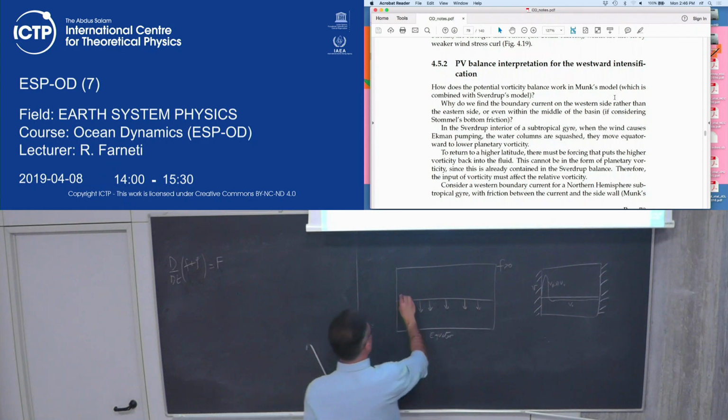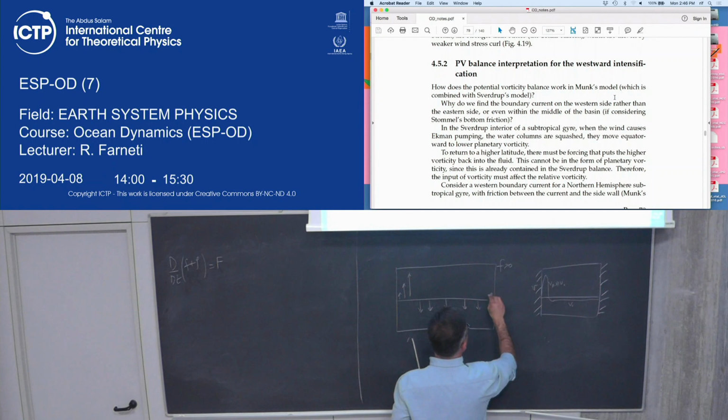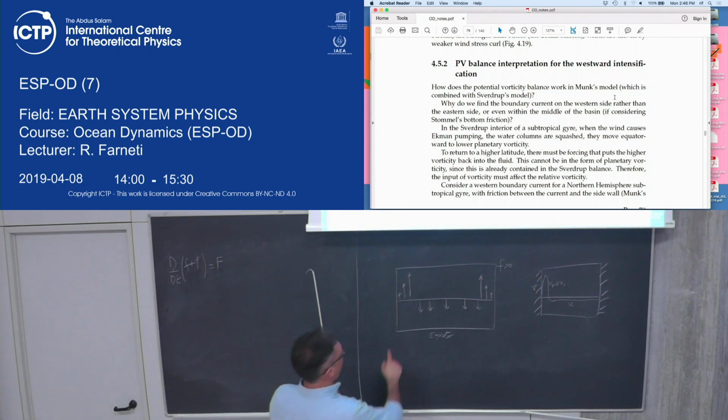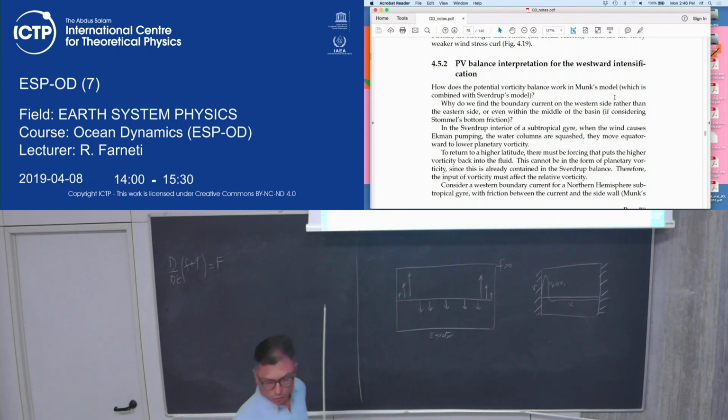Somewhere there will be a return flow, which could be on either side. Let's imagine we didn't derive the solution yet. It could be on either side. And there, when there is the returning part of the circulation, you are moving back to higher latitudes. So you're changing f and you're increasing f.